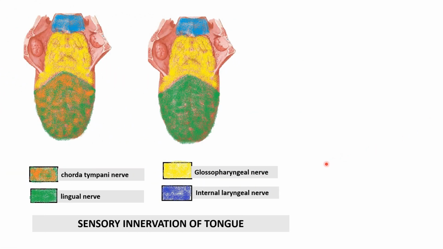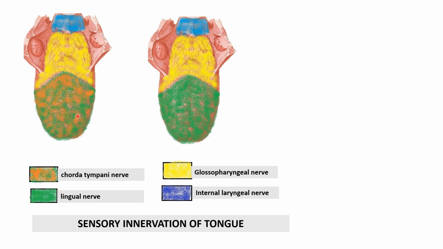Next is sensory innervation to the tongue. Remember, sensory innervation we have to explain under general sensation and special sensation, that is taste sensation. All the parts of the tongue will be showing general sensation and taste sensation. Remember, the taste sensation from the anterior two-third portion of the tongue, excluding circumvallate papillae, is carried by a nerve called chorda tympani nerve.